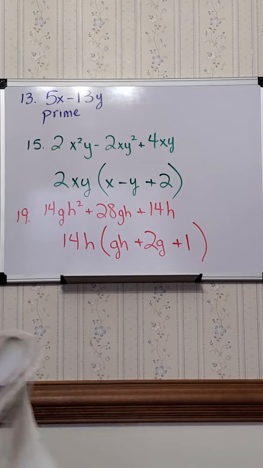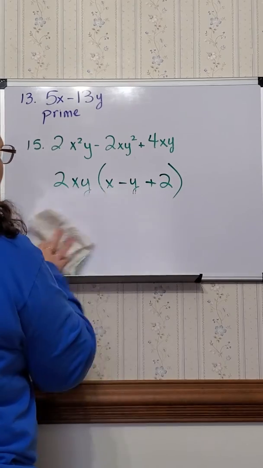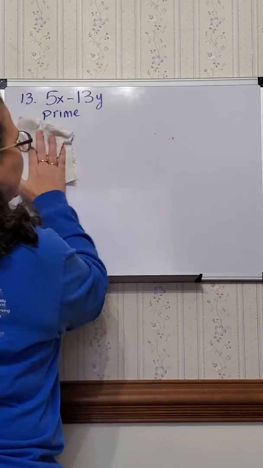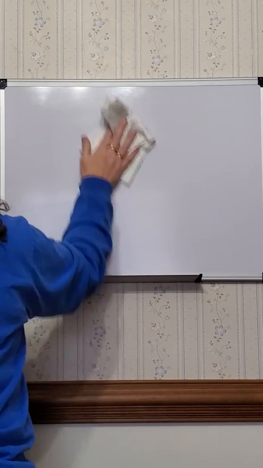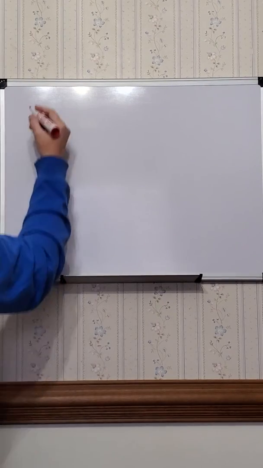All right, let's try one more. And since usually they get harder as we go, let's go ahead and jump to the very last problem on the page. Let's see, that's number 24.